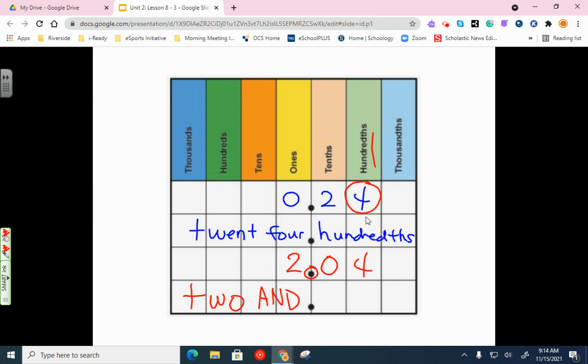And then we talk about the decimal part here. Our 4 is again in the hundredths place, so 2 and 4 hundredths. But that goes to show that we can have the same digits, but the placement of them gives us completely different numbers with different values.